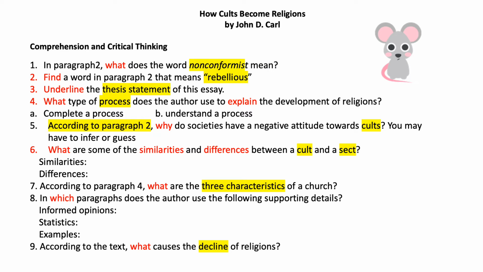That is a person who is nonconformist. Question 2, find a word in paragraph 2 that means rebellious. Rebellious, simply the word there is subversive. You find it in that paragraph 2. We've dealt with that in that previous slide.